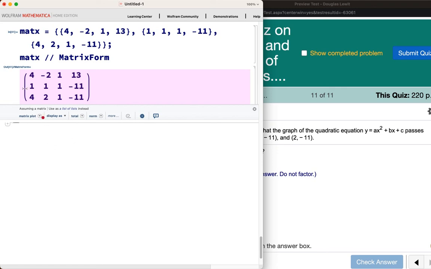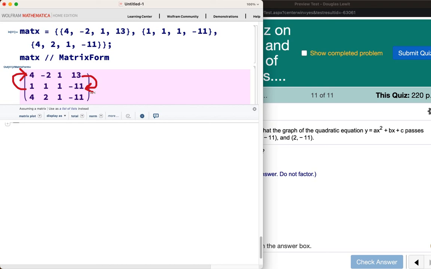We have to swap the first and second rows of the matrix, right? So row 2 will become the new row 1, and then row 1 will become the new row 2. And the reason I'm doing that is because you always want the number in the upper left of the matrix to be the number 1. That has to be in the upper left of your table or matrix, okay?